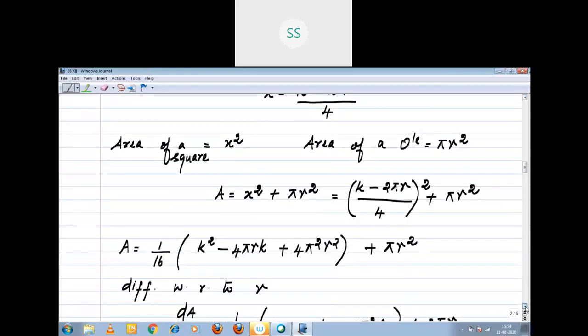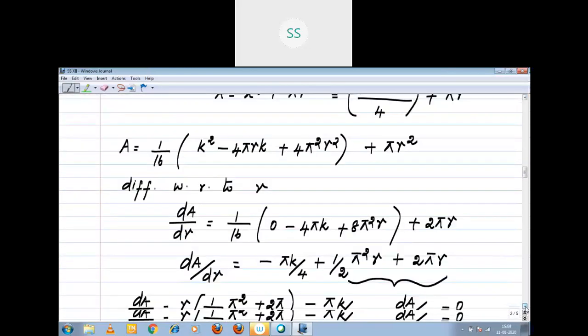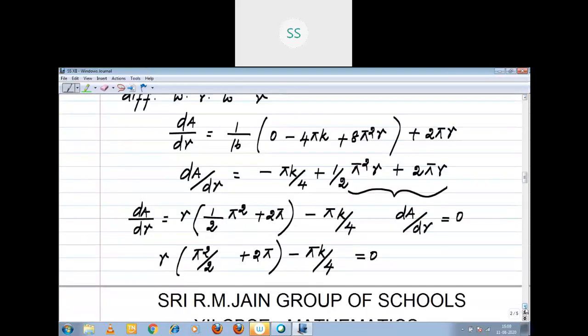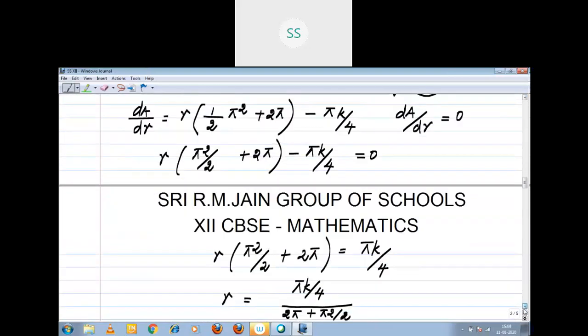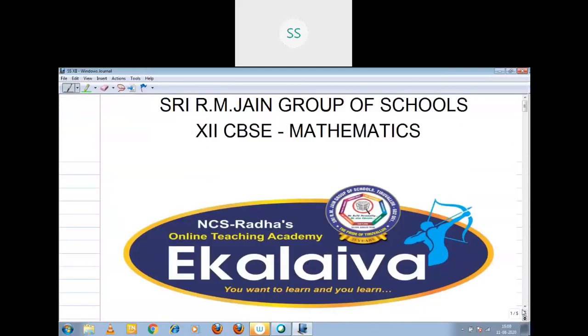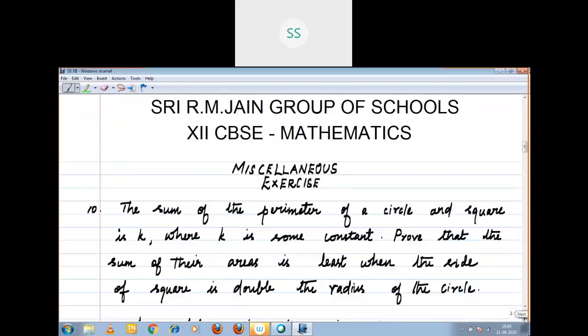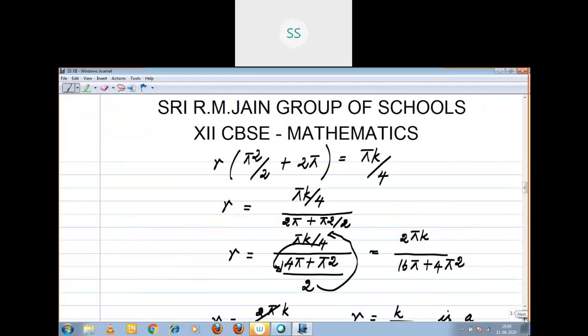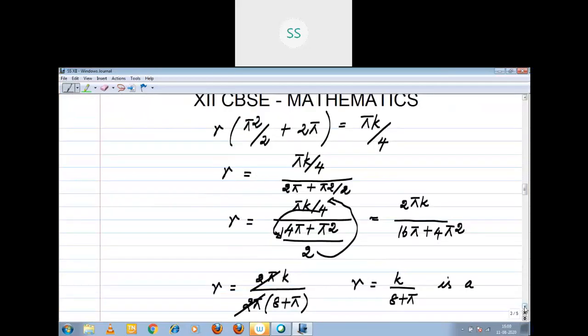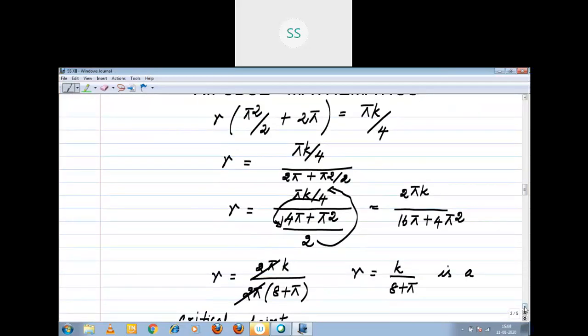The critical point k by 8 plus 2 pi. Sorry, 8 plus 2 pi. Right. One minute. I will erase and write it here. Then only it is clear to you.